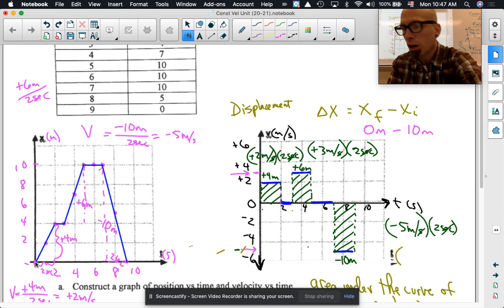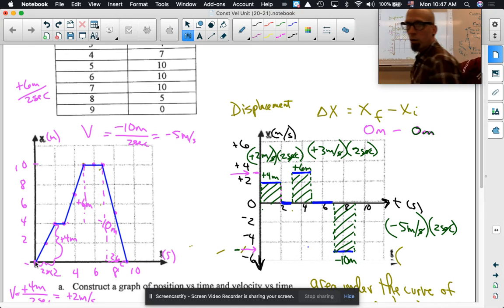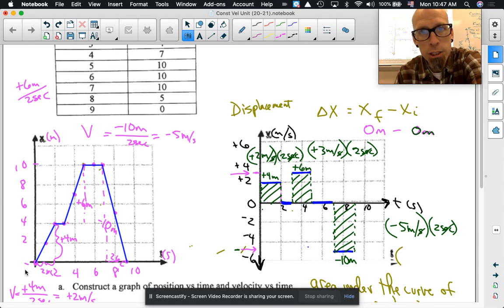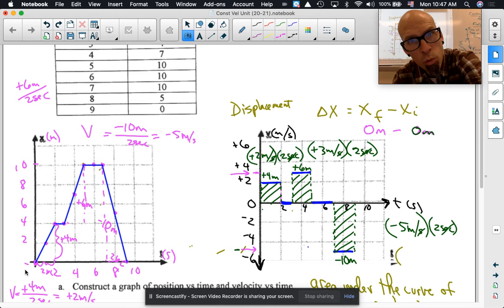Where did the object start? Position 0. Where did the object end? Position 0. How much displacement was there from beginning to end? 0 displacement.